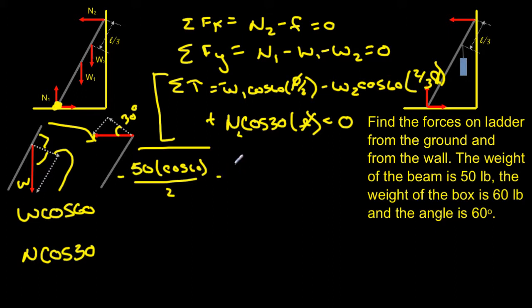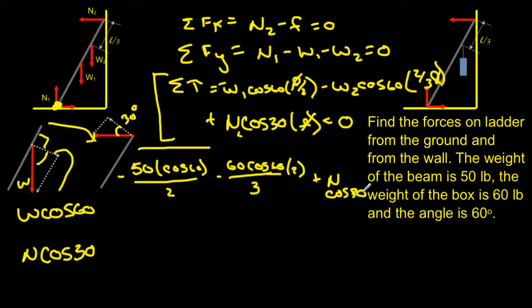Minus 60 cosine of 60 divided by 3, and all of this has got to be multiplied by 2, plus N cosine of 30.